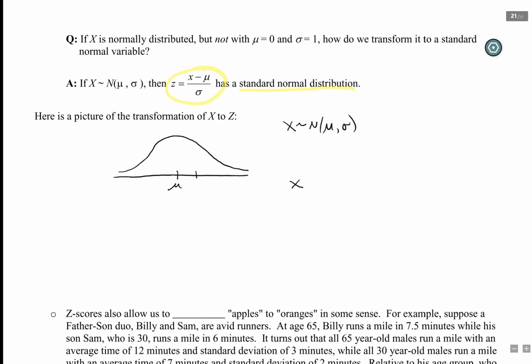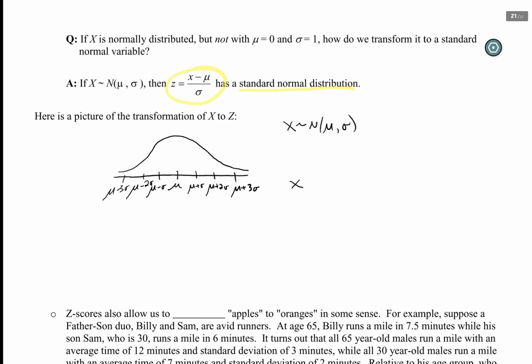I can go out 1 standard deviation to the right, 2 standard deviations to the right, or 3. I can do the same thing going to the left. Most of the area is between plus or minus 3 standard deviations of the mean.